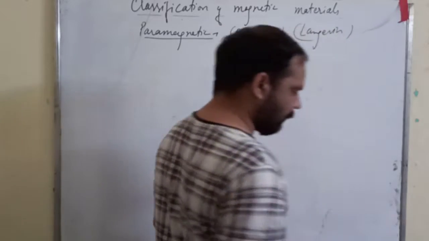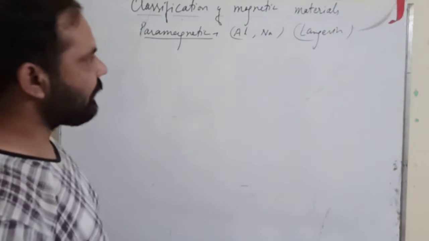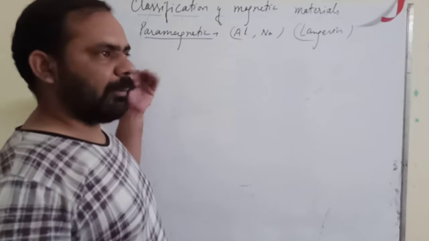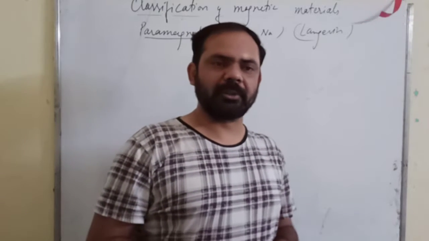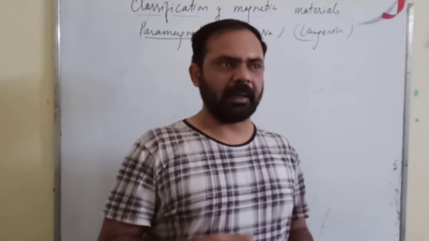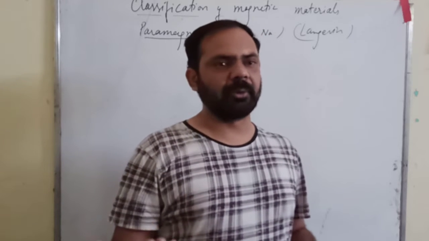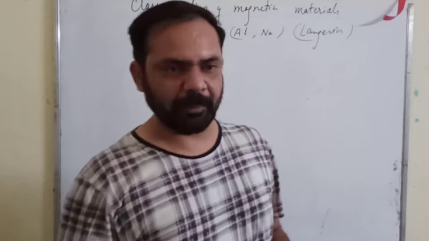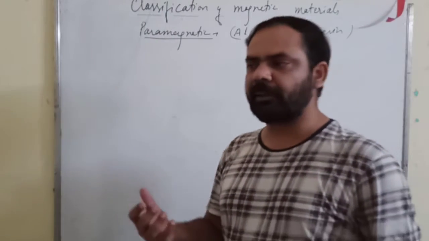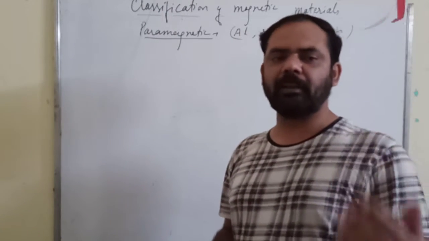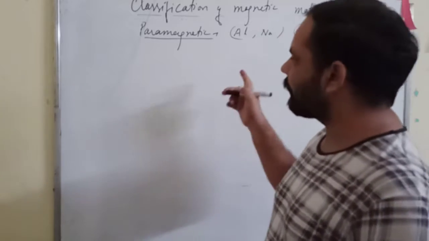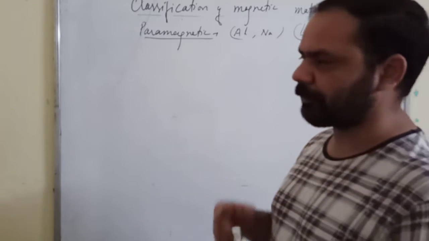First of all, who shows this paramagnetic behavior? The atoms which have unpaired electrons. Those that don't have any unpaired electron show diamagnetism. The atoms which have at least one unpaired electron show paramagnetism, right?